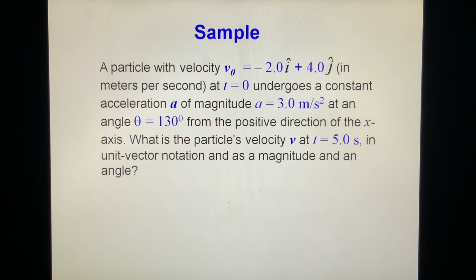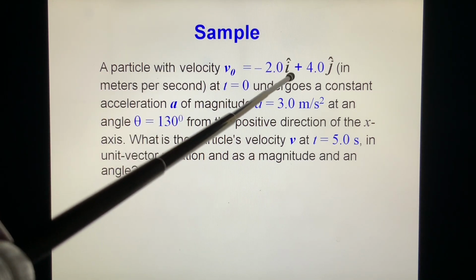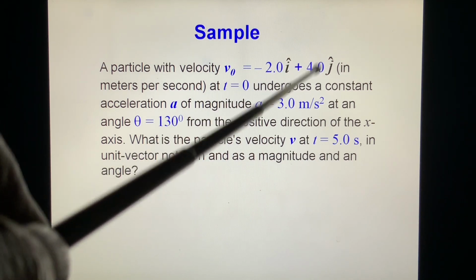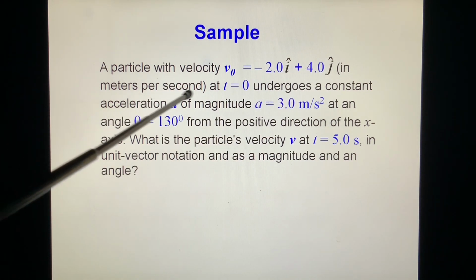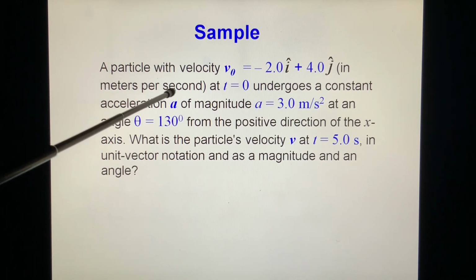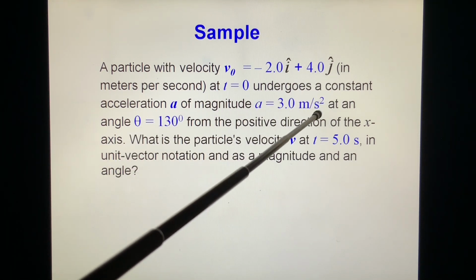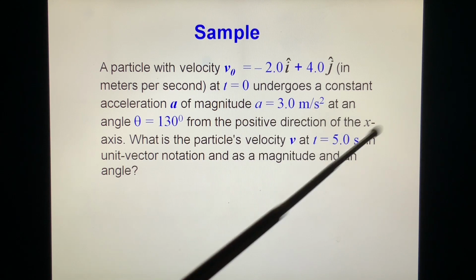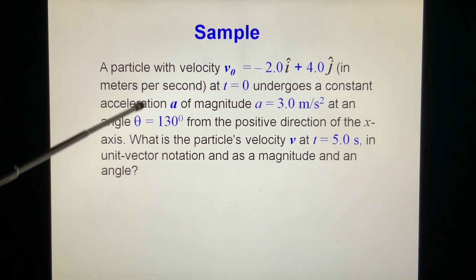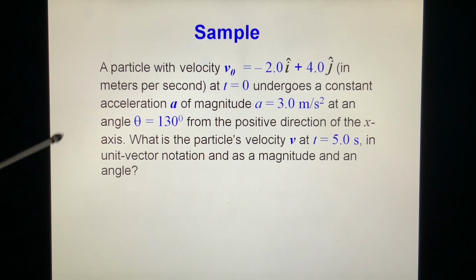Sample. A particle with velocity v0 equals minus 2.0 i plus 4.0 j in meters per second at t = 0 undergoes a constant acceleration a of magnitude 3.0 meters per second squared at an angle theta of 130 degrees from the positive direction of the x-axis.